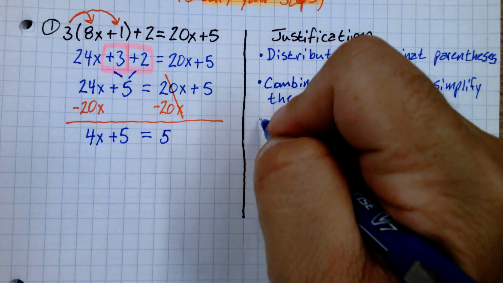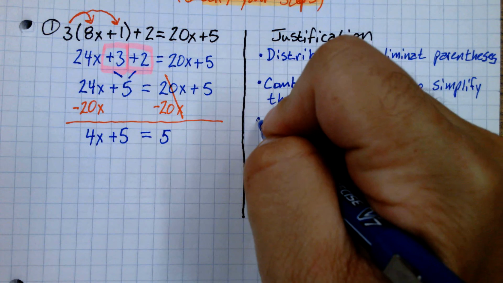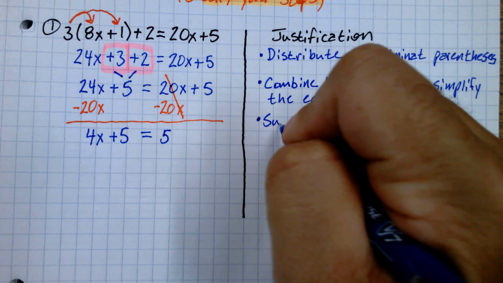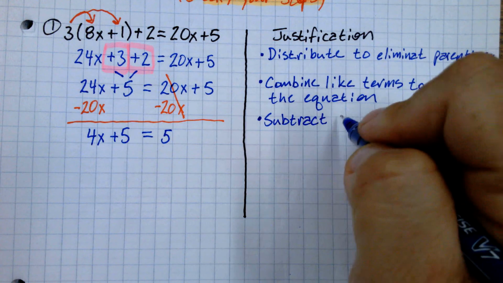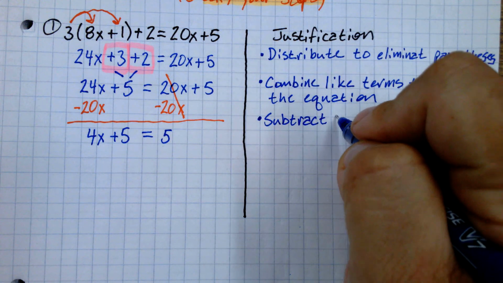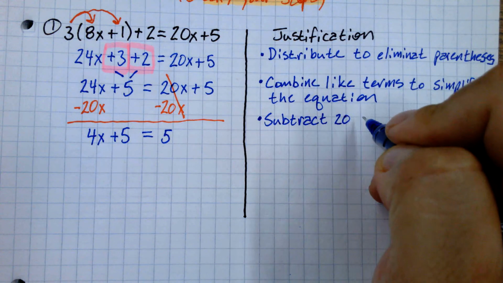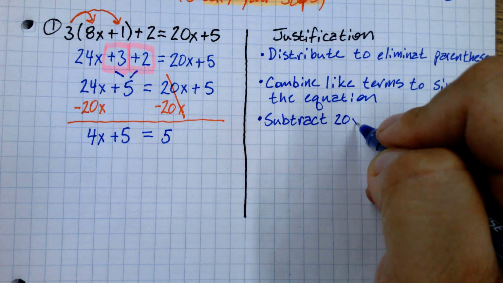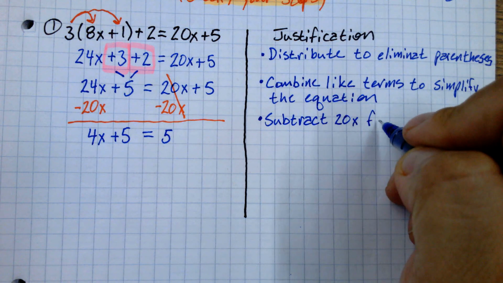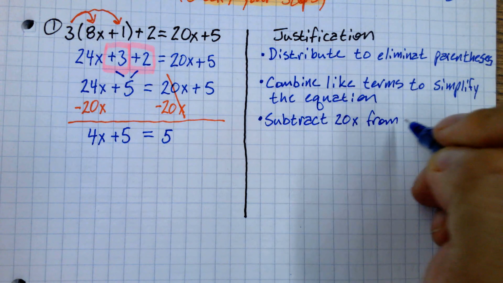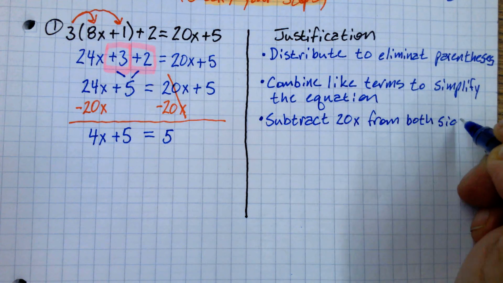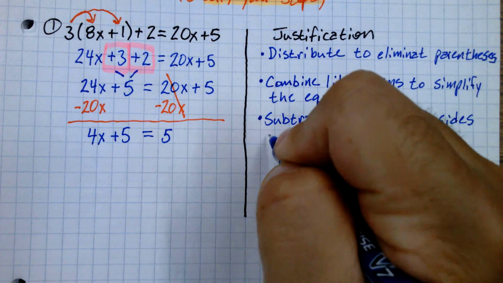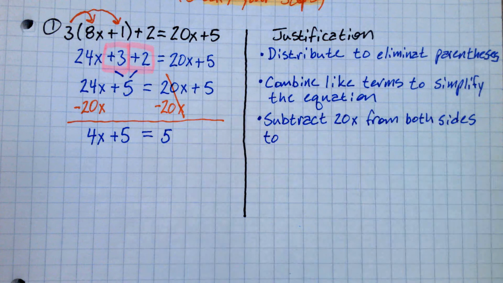So let's add that step. Subtract 20x from both sides to do what?